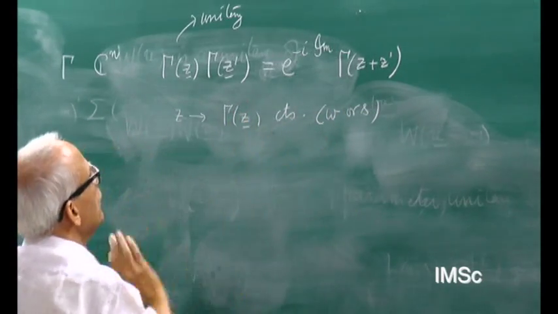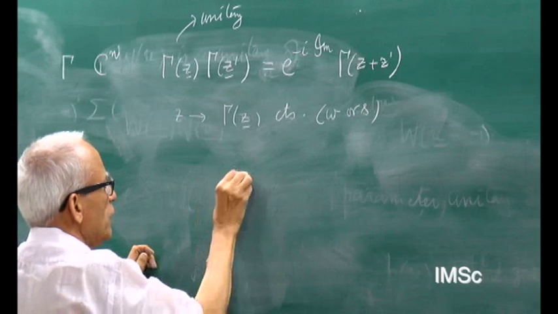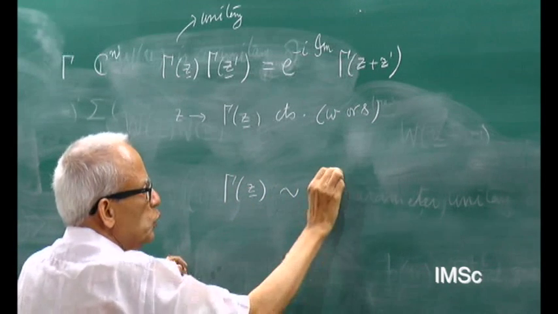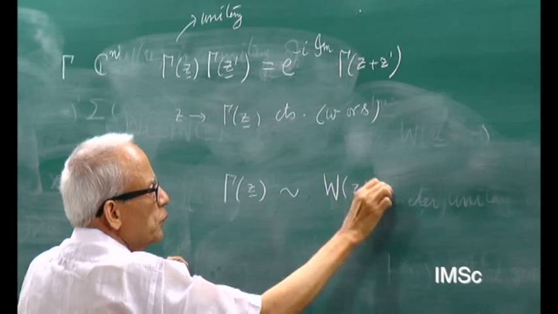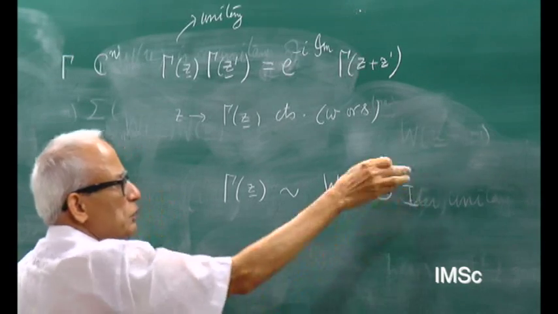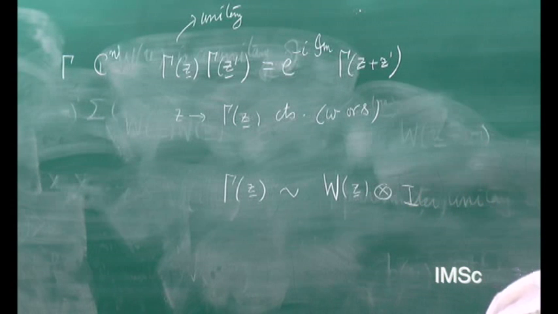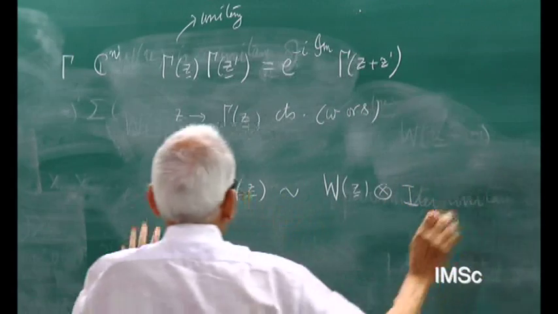Any solution of this is always unitarily equivalent to W(z) tensor product identity on some auxiliary Hilbert space, and these are the only solutions.